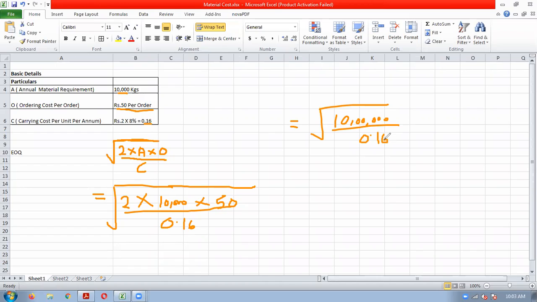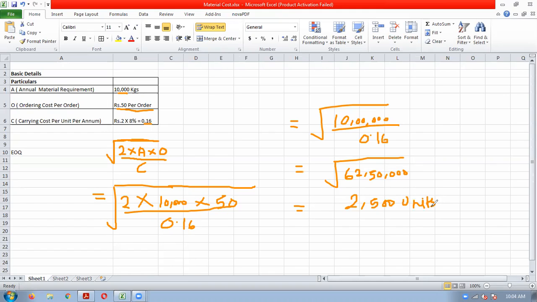Now you do 10 lakhs divided by 0.16. How much are you getting? 62 lakh 50,000. Now you do the square root command in the calculator. So if you press the square root, you will get the answer: 2,500 units.